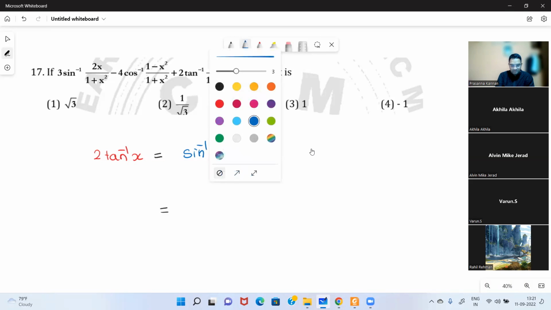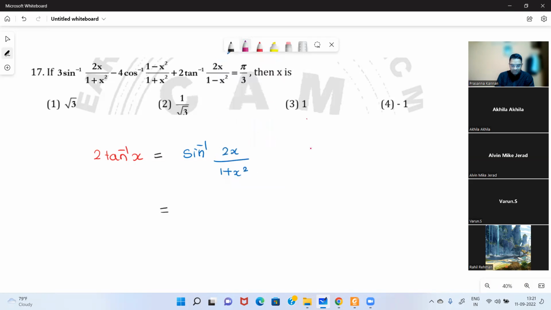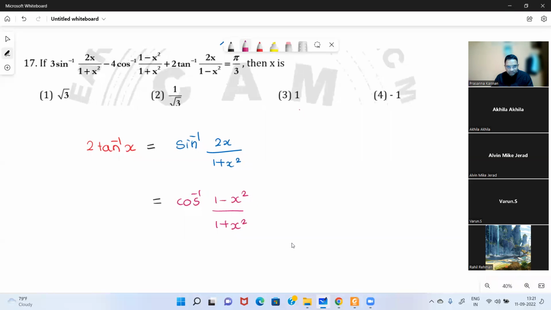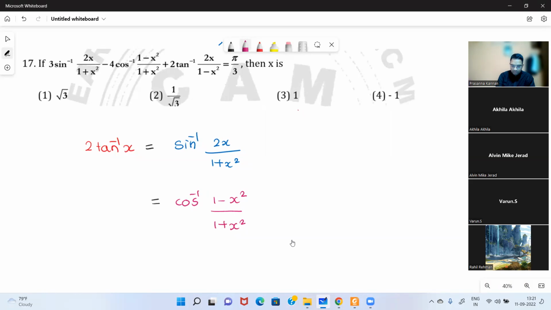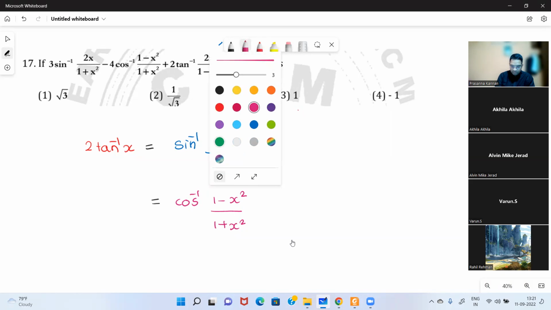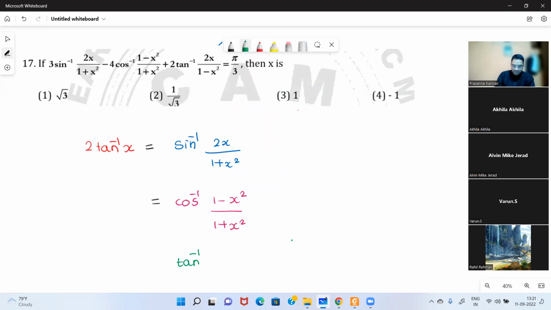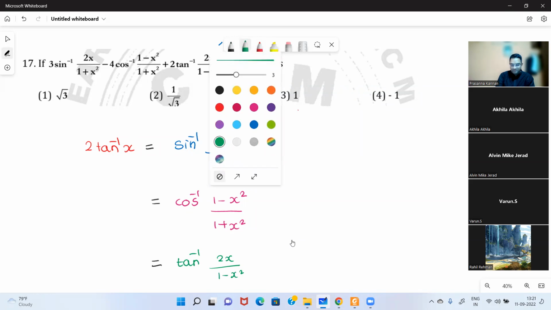Next one: this is also equal to cos inverse of 1 minus x square by 1 plus x square. This is also equal to tan inverse of 2x divided by 1 minus x square. We had listed this and we had also proved this in the previous class.